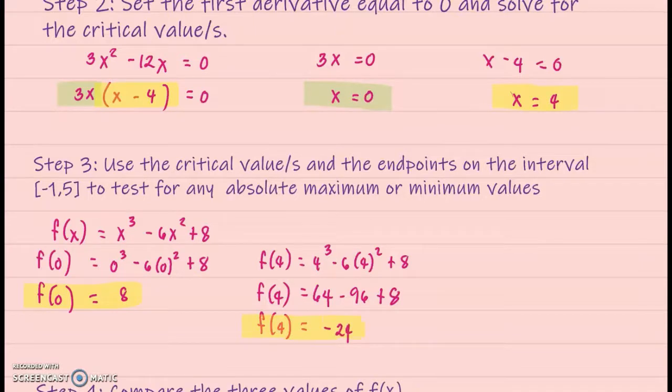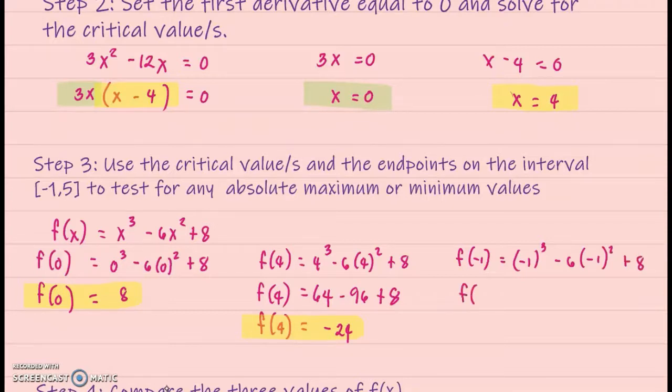Okay. Next, let's have our endpoints of the interval. So we have here negative 1. So f of negative 1 is equal to negative 1 cubed minus 6 times negative 1 squared plus 8.